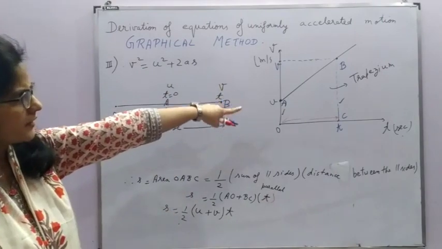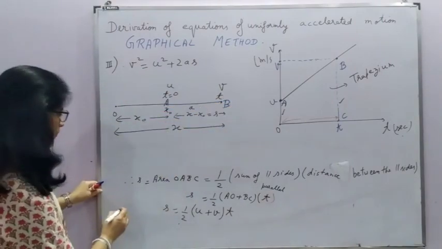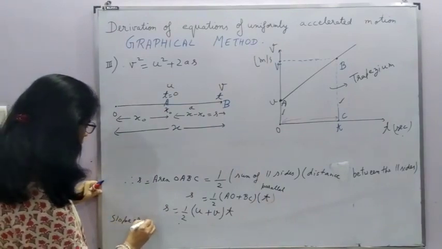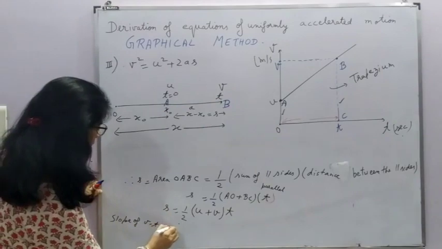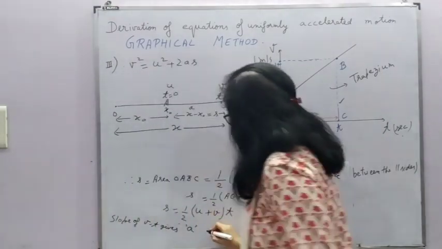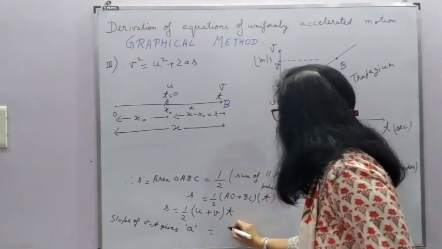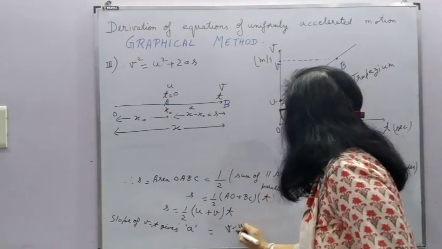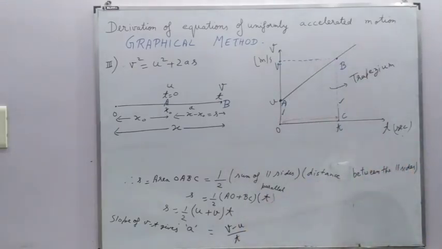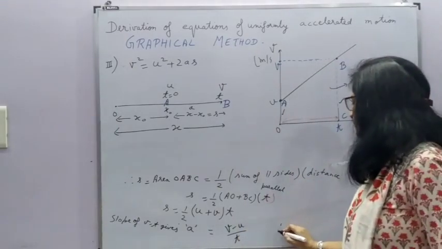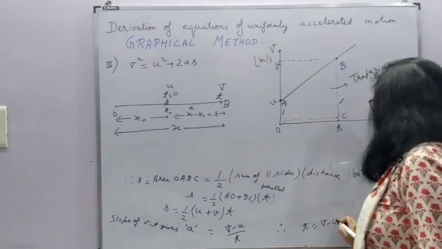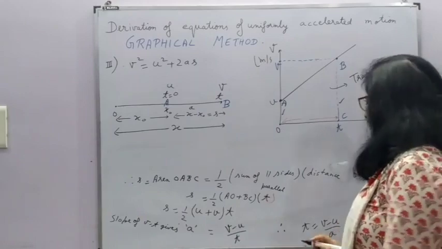We know that in this graph, the slope of vt gives acceleration, right? So we can say that acceleration is v minus u upon t, as we had done in equation 1, right? So from here, I can replace t is equal to v minus u upon a, right?